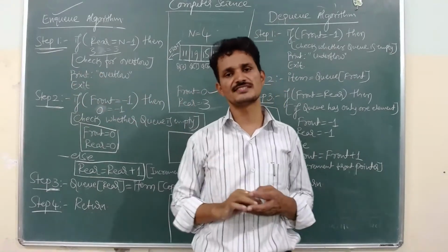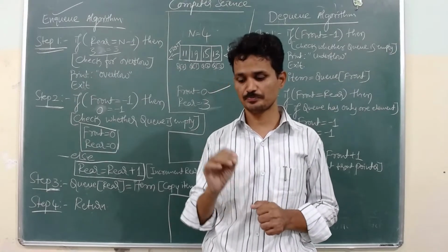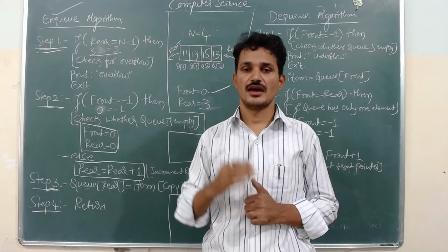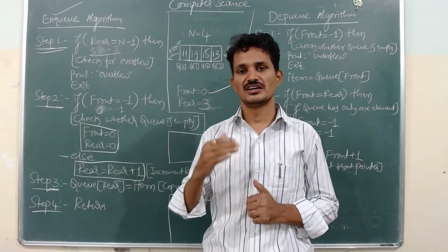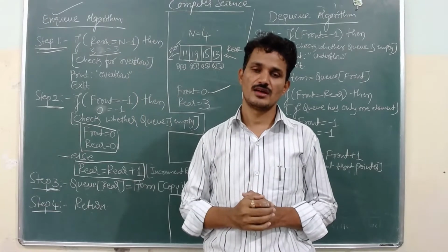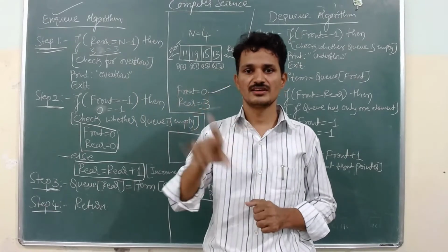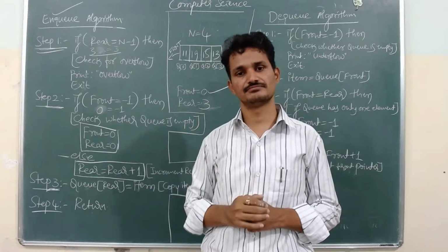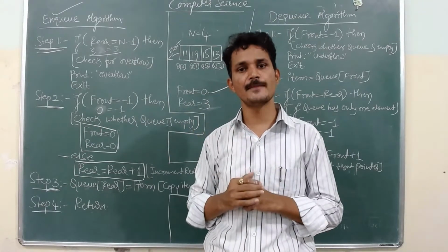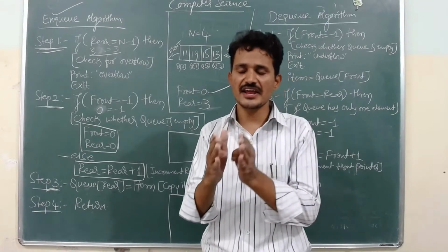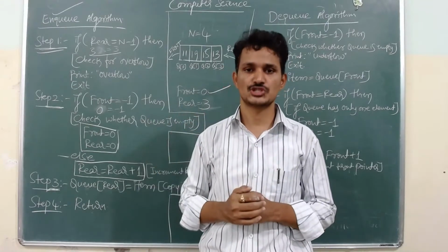What you need to notice in this Enqueue algorithm is, during the process of insertion, every time rear goes on increasing by +1 and front will be 0. When the queue is empty, front and rear will point to -1.